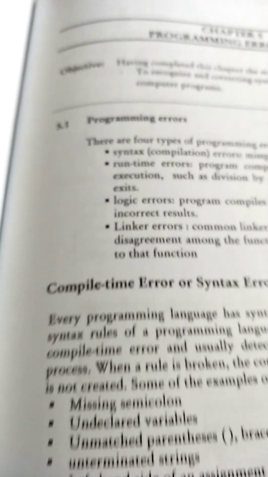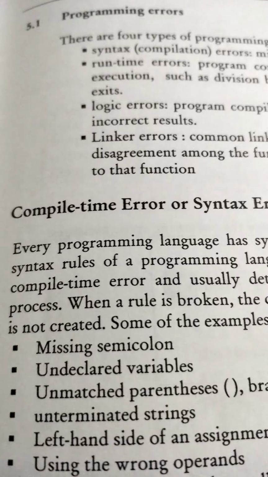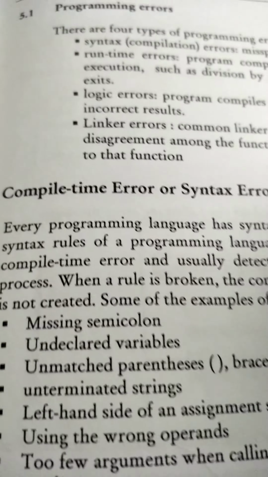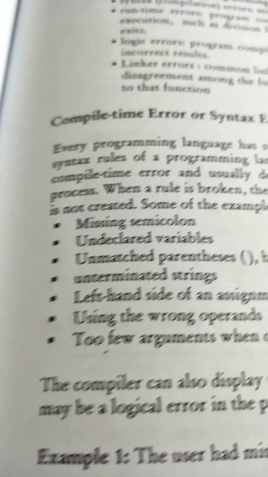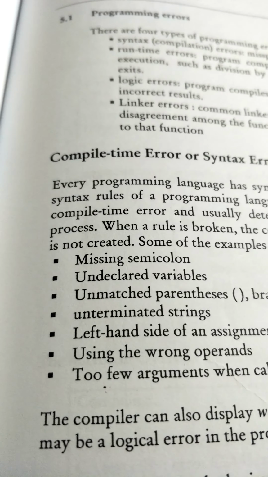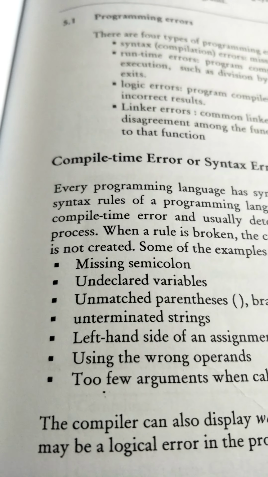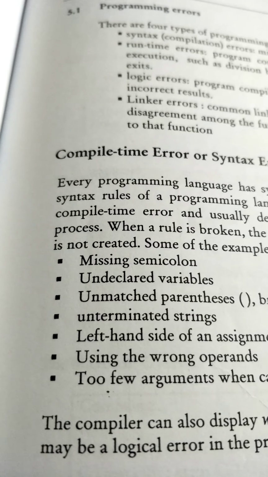Now, if we go into detail on each of these errors, first is the compile time error, which we also call a syntax error. It is easy to find, and the compiler normally can tell us where to look and what the error is.